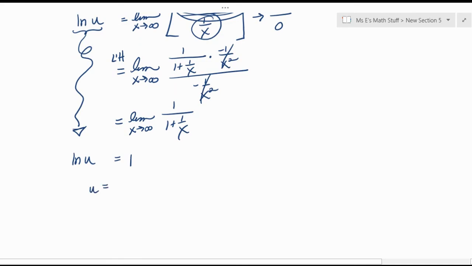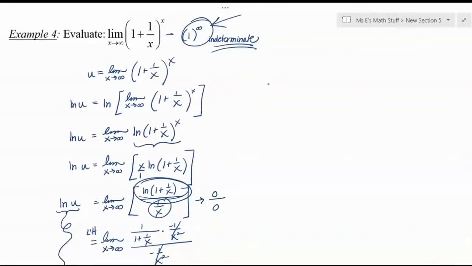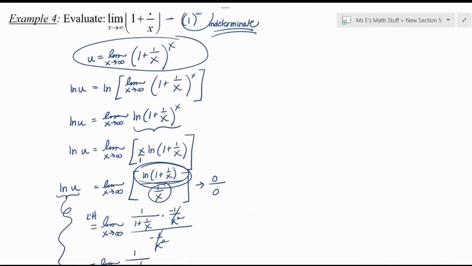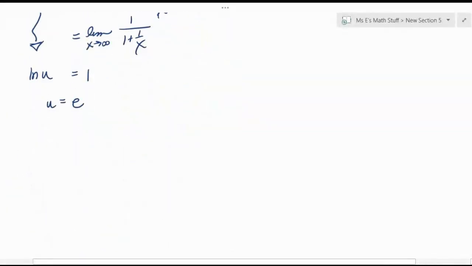Well, u would have to have been e. And then not only that, but let's make it super clear. Way back up here, we set u equal to that limit. It was just holding the value of the limit as x approaches infinity of the quantity 1 plus 1 over x to the x.